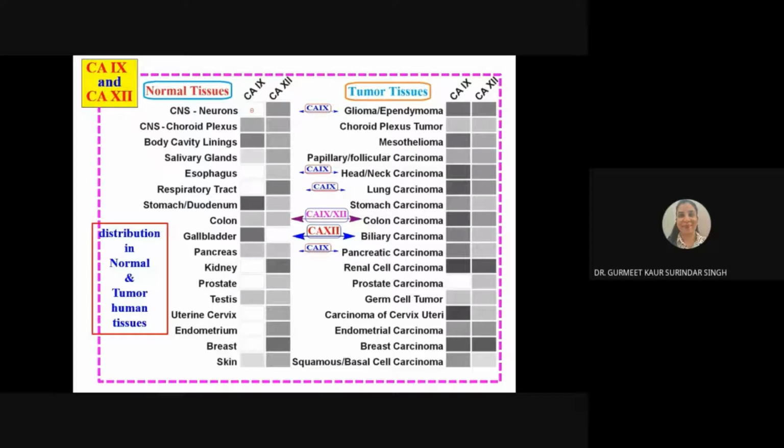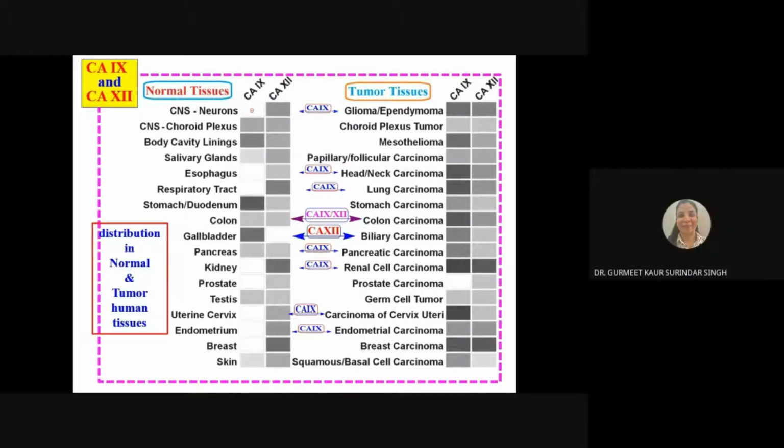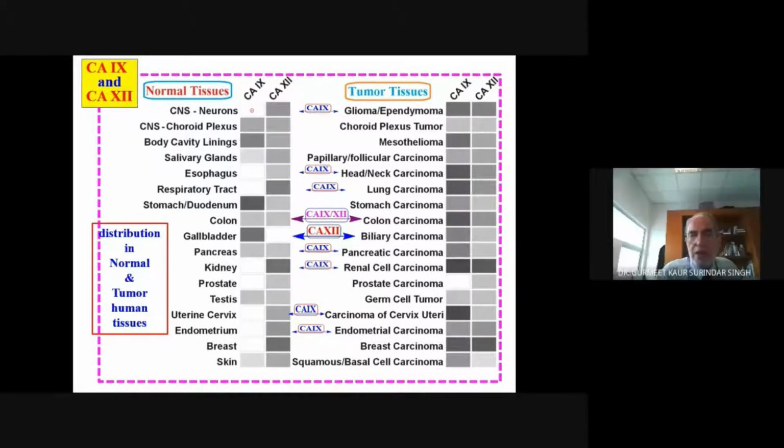Carbonic anhydrase 9 could be useful also in the pancreas to some extent, but it is very useful regarding the kidney and also the uterine cervix, and it is not expressed in prostate cancer, or even normal prostate tissues. Endometrium also, it is not expressed at all in normal tissues and expressed to some extent on the endometrium carcinoma. And the breast, it is very interesting.